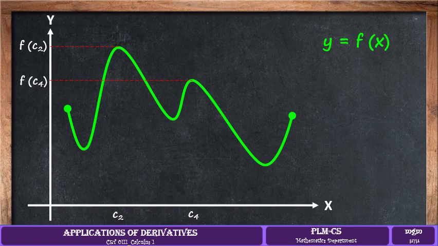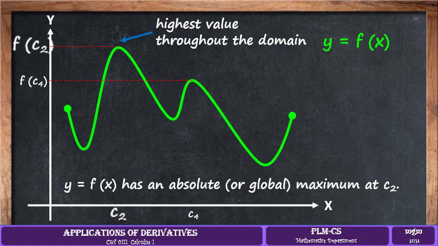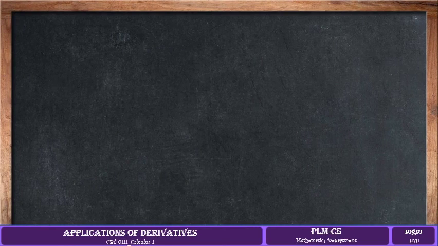Notice that between these two values, f of c sub 2 is actually the highest value throughout the domain, which means that no matter where we look at the domain, c sub 2 is going to give us the highest value, which is f of c sub 2. Or another way to say that is y equals f of x has an absolute or global maximum at c sub 2. This leads us to the following definitions.